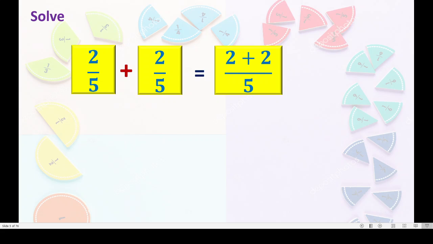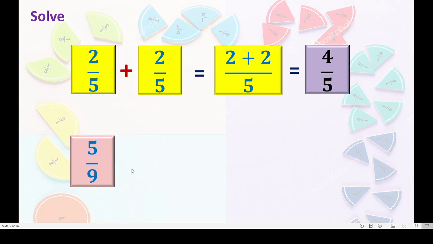That is 2 plus 2, that is 4, isn't it? 4 upon 5 is the answer. Right? First we selected 2 parts out of 5, and again we selected 2 parts, so 2 plus 2 became 4. Right? Because the denominator is same.